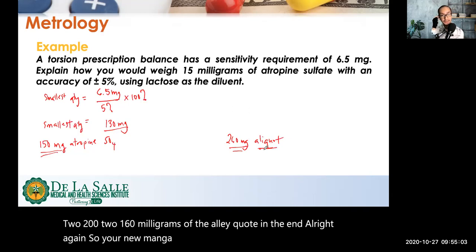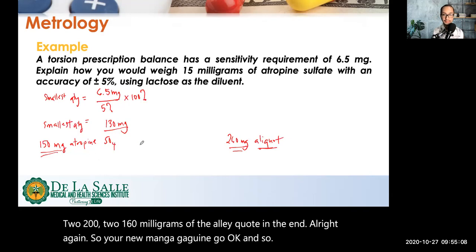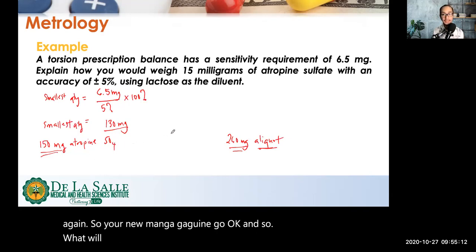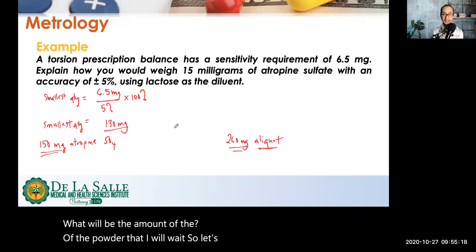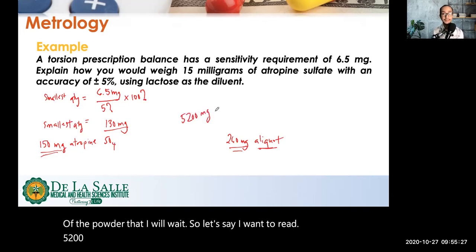What will be the amount of the powder that I will weigh? Let's say I want to weigh 5,200 milligrams of the mixture.